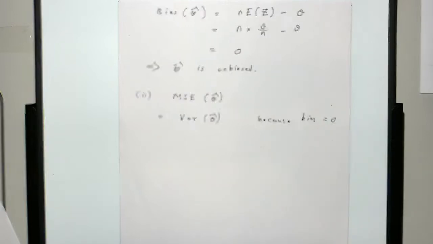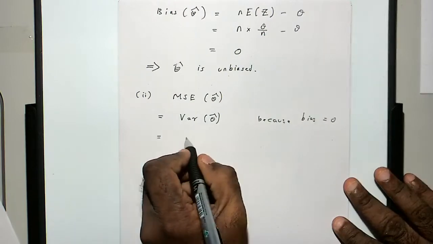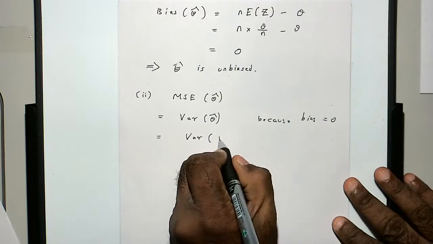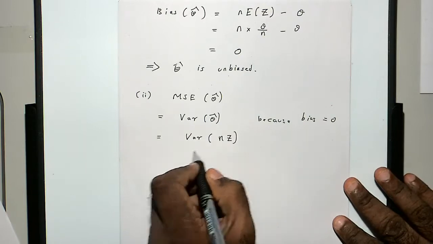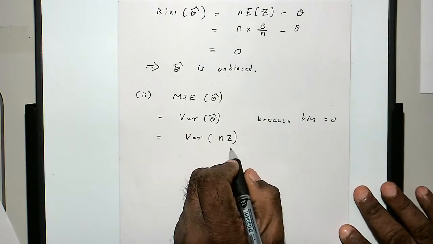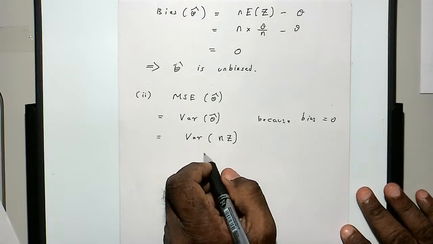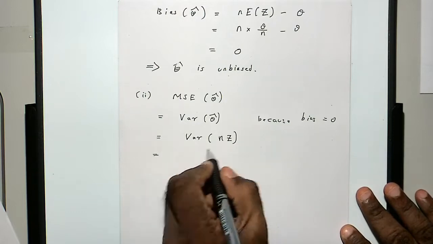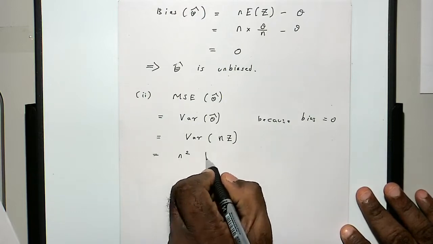Now this is the variance of n times z, where z denotes the minimum of x1 to xn, right? Now n is a constant, so you can pull it outside.